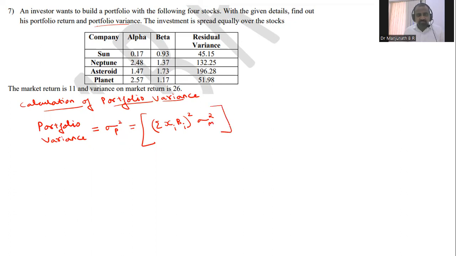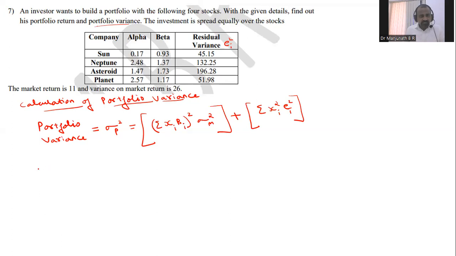This should be added to the summation of xi square multiplied with ei square. I already gave an update saying that ei square is nothing but the residual variance, and we are simply applying that. Now, at the first instance, we can work on this.